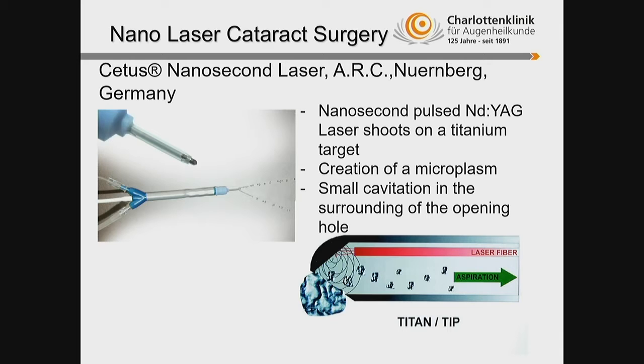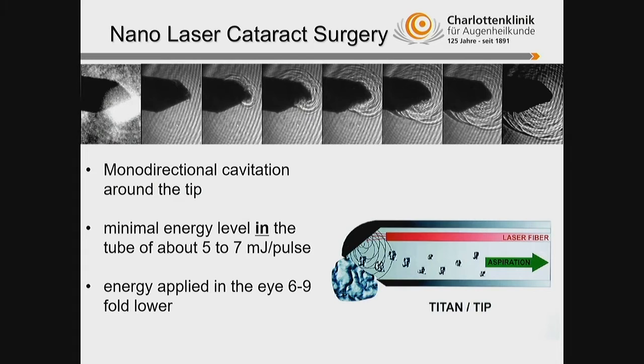And this is also the reason why the energy emitted in the eye is even lower than the energy inside the tube. You can see here in high-speed photography that the cavitation, which occurs from the microplasma, is only very small, located around the opening tip.